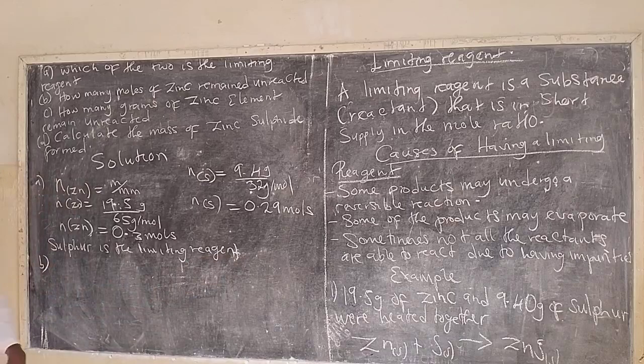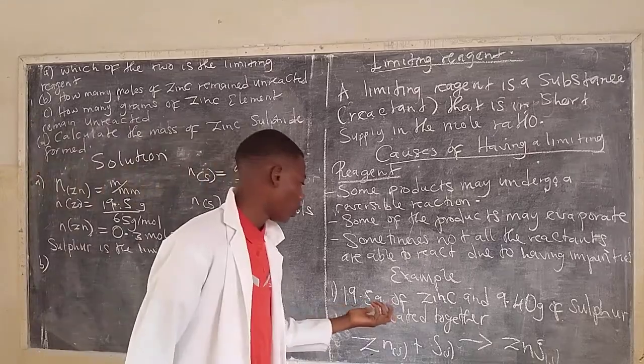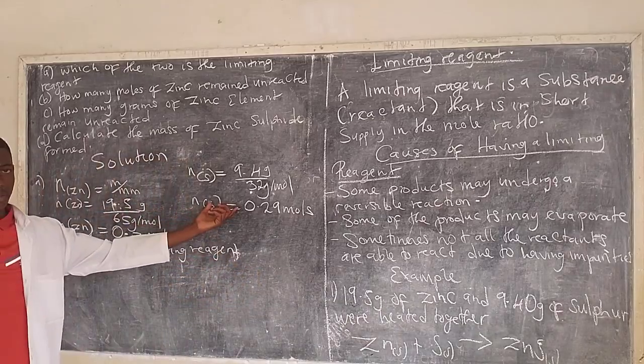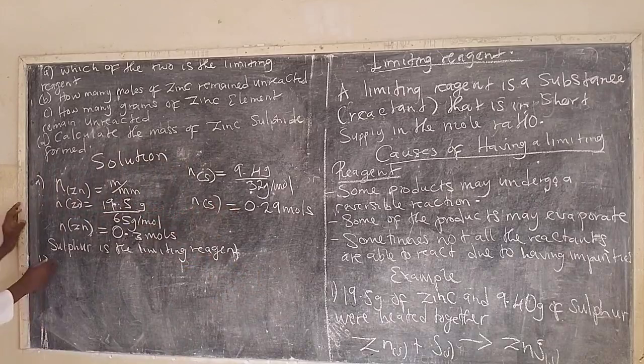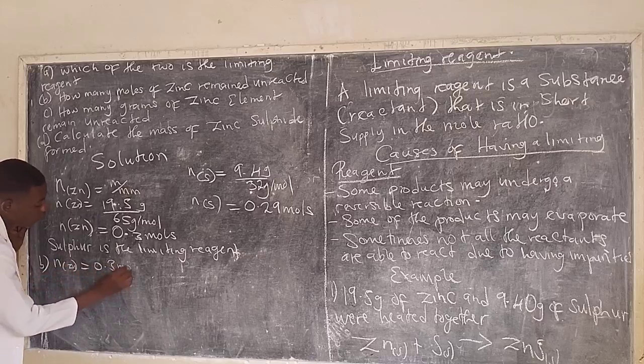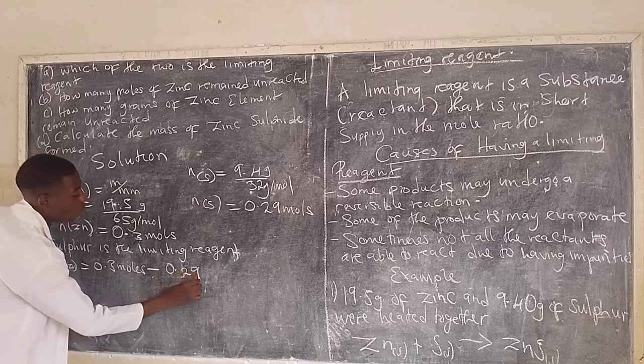Part B, we are asked to say how many moles of zinc remained unreacted. So to find the number of moles of zinc that remains unreacted, we are just going to subtract. The number of moles of zinc which remains unreacted should be equal to 0.3, which is the number of moles of the whole zinc, minus 0.29.